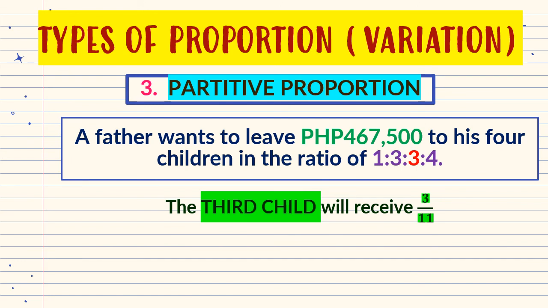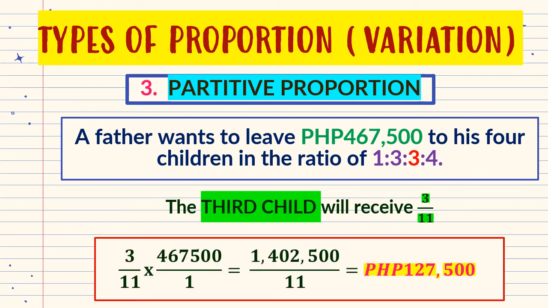The third child will receive 3/11 also. Same procedure, 3 over 11 times 467,500. So we will get 1,402,500 divided by 11. Then the third child will receive 127,500.